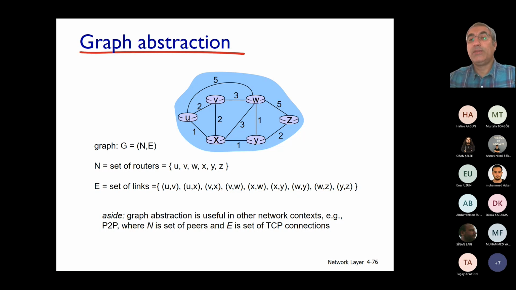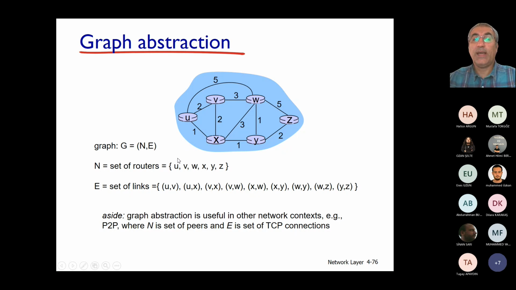But depending on the application, nodes and edges can take different names. In the context of a network, a node is called a router, and an edge is called a link. So we have router device U, router device V, router device X, and so on. And we have the links that connect these routers.